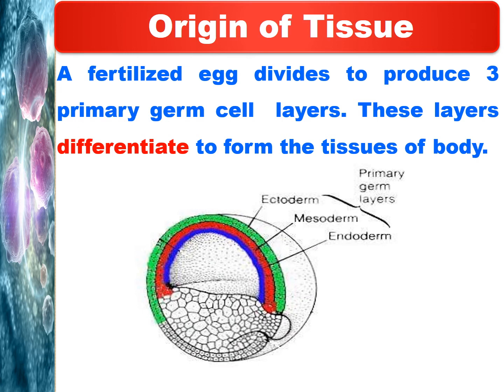The ectoderm, mesoderm and the endoderm are the three primary germ layers. These layers differentiate to form the tissues of the body. Only these layers are responsible for the formation of the different types of tissues which we have studied. So the question is, what is differentiation? We will study that in the next slide.